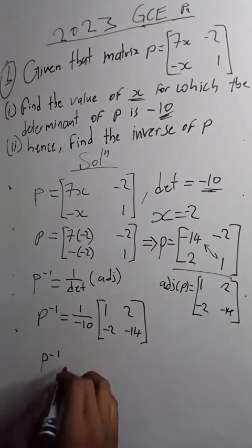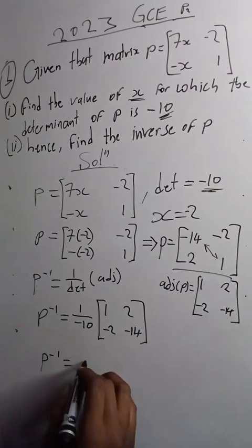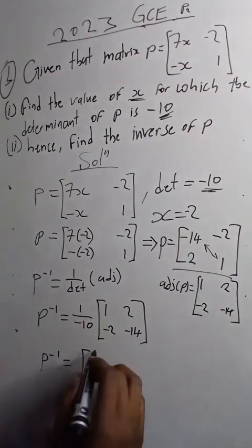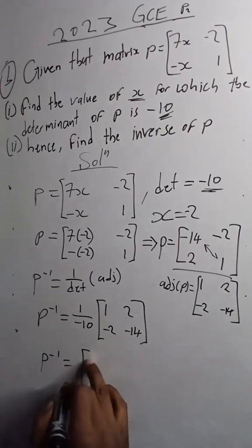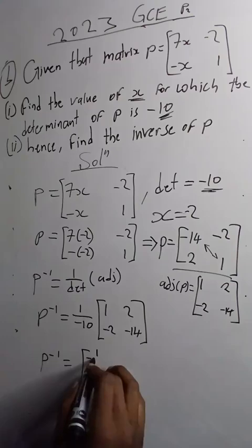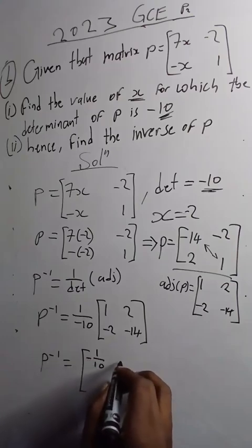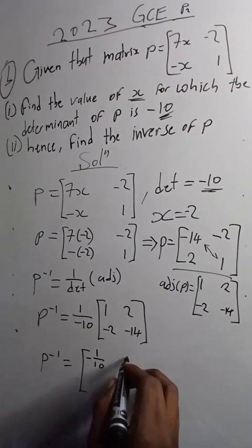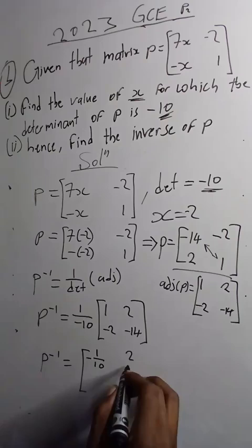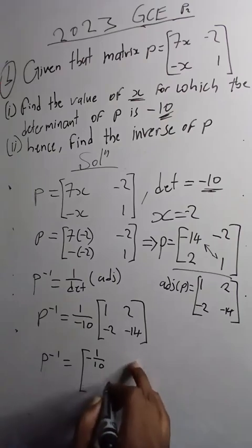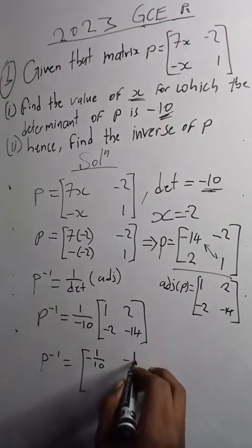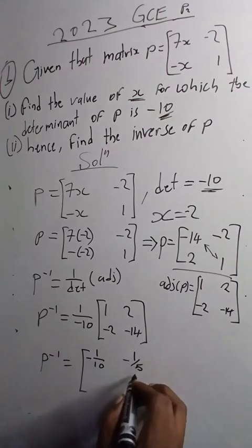The inverse of P is, we're going to say, minus 1 over 10. Then here it will be 2 over 10, so it will be negative 1 over 5.